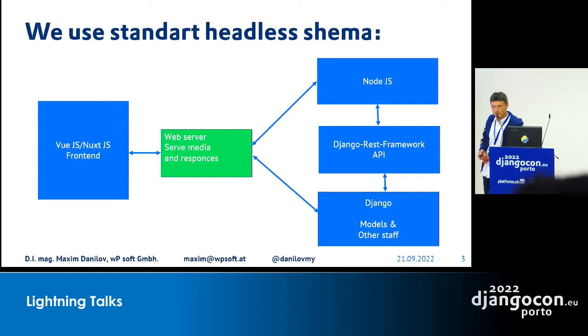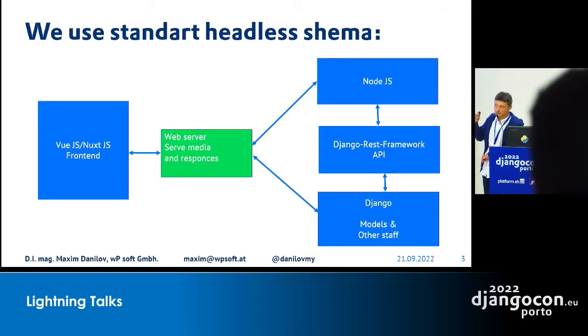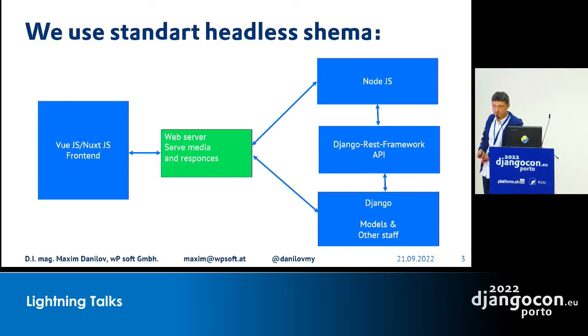After that, Vue.js asks the server, and the server asks Node.js, or the server asks Django, and Node.js asks Django through Django REST framework, for example, and we receive some answer in the browser, and on the client it should be all generated. Who uses this structure in their own work? Probably, yeah.